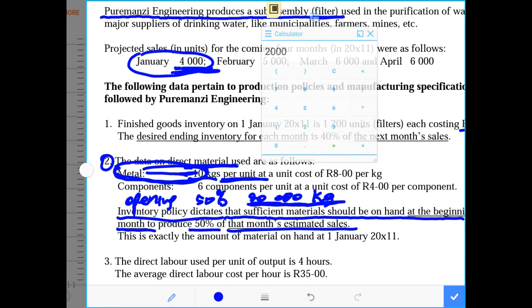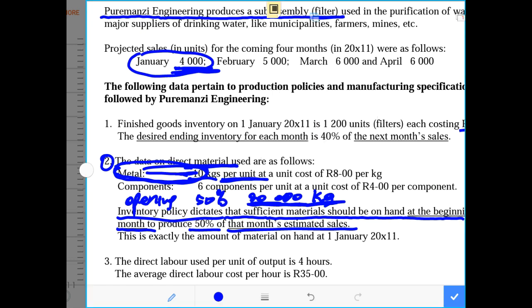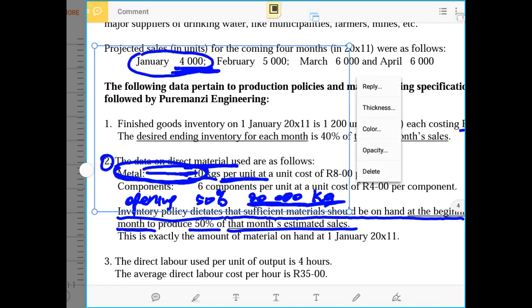So please take that into account, because we had to convert the 2,000 into kgs of metal, where we said 2,000 units, which is 50%, we multiply that by the number of kgs of metal that are needed for 1 unit. That means our opening material in terms of metal in the month of January will be 20,000 kgs of metal. This is very crucial, although in this question they did not ask us to go into that detail.